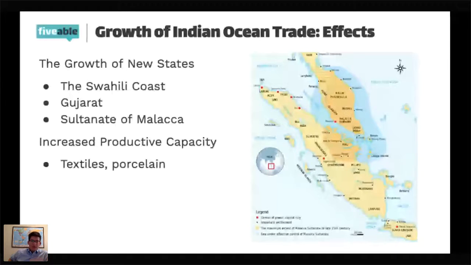We see greater amounts of ivory being exported from Africa, greater amounts of porcelain from China moving into the Indian Ocean as well. So those are just some examples of goods that were created or were in high demand. Of course, the production of spices as well will flood the Indian Ocean and will grow even more in our next time period when Europeans arrive and demand to control all of them.